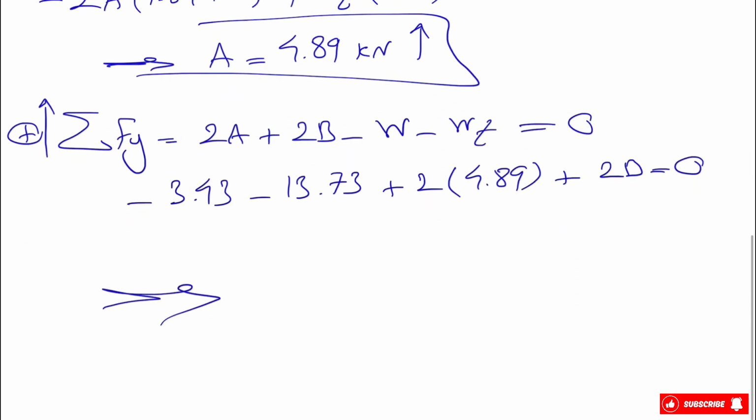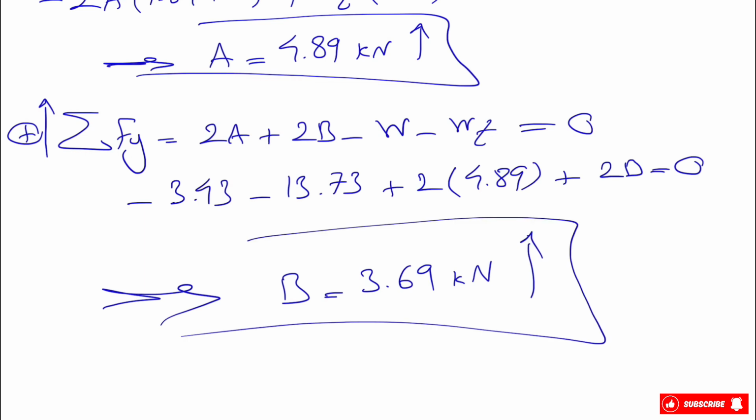What we'll be finding here is the last unknown, B, and that would be 3.69 kilonewton, and the force will be upward. That would be the final answer for this question.